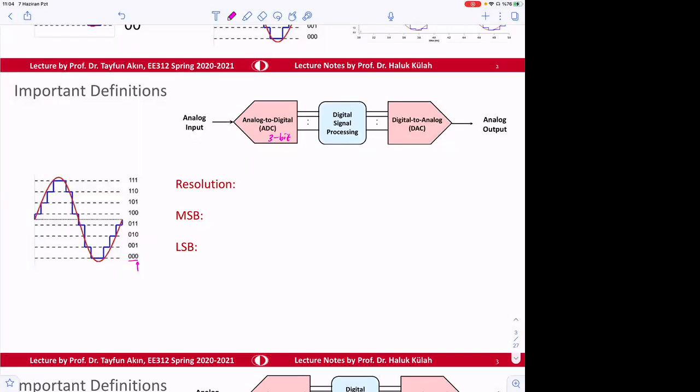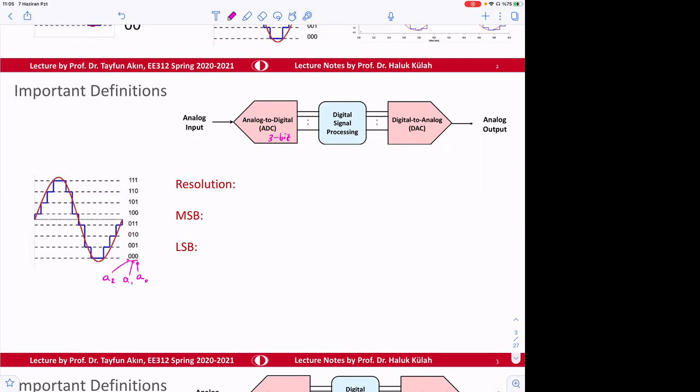So here, this bit is going to be called A0. This is going to be A1. And this is going to be A2. Okay.